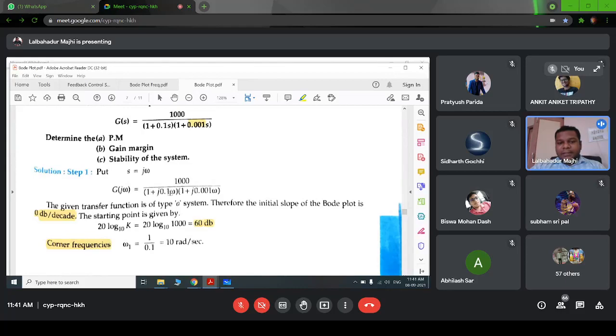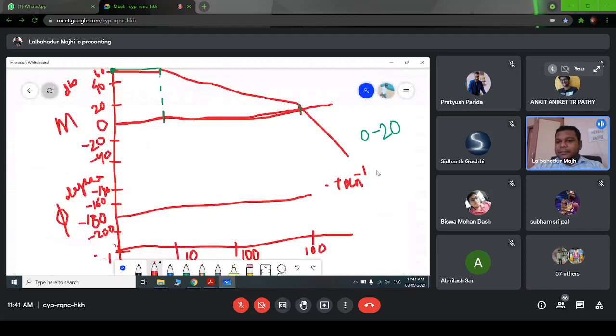The imaginary part is 0.1 omega divided by 1, so we can simply write 0.1 omega divided by 1. We can neglect the 1. And we have another pole, so we have to add another minus tan inverse 0.001 omega.